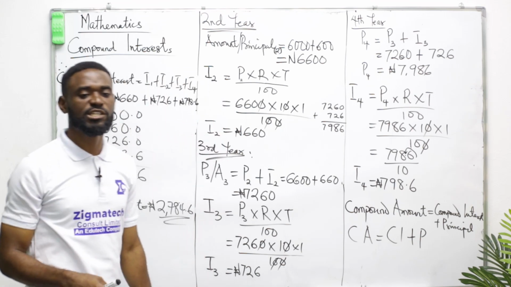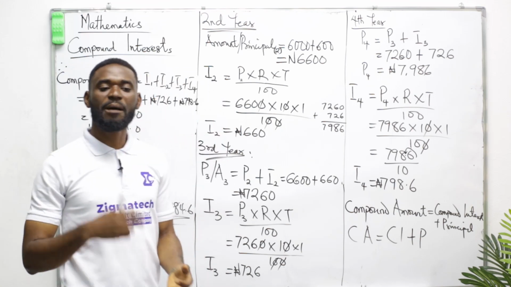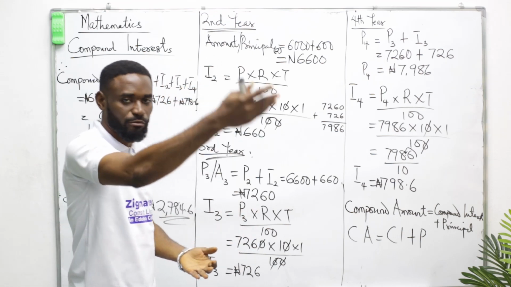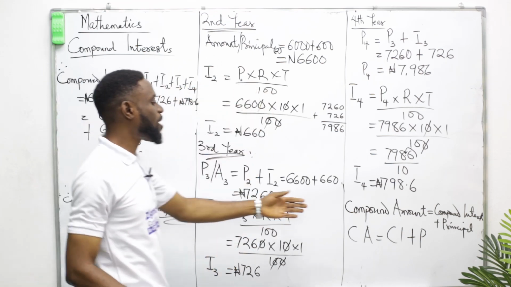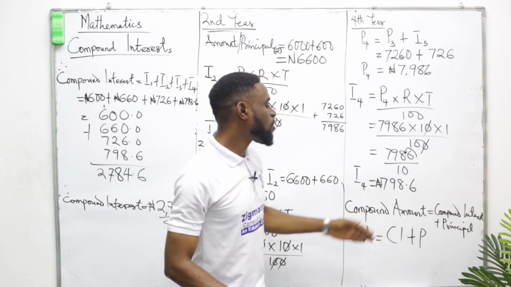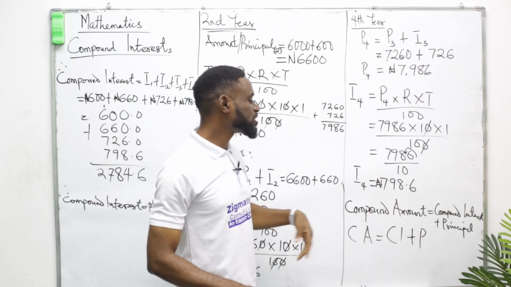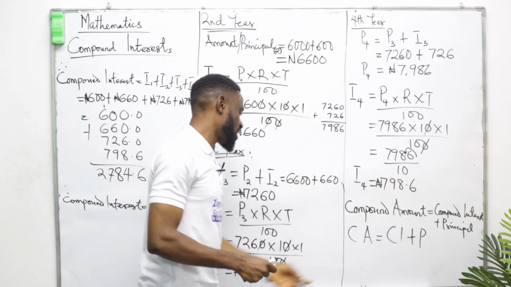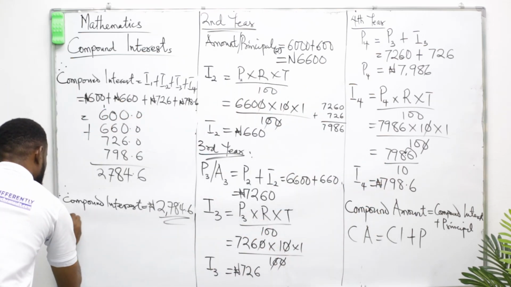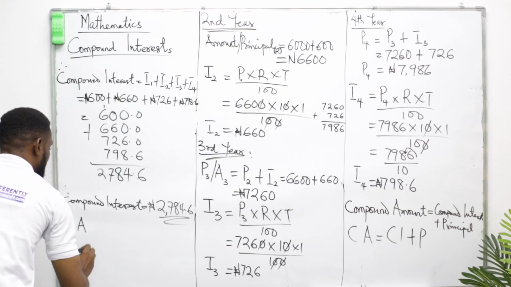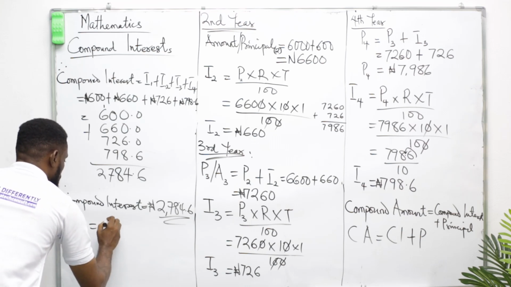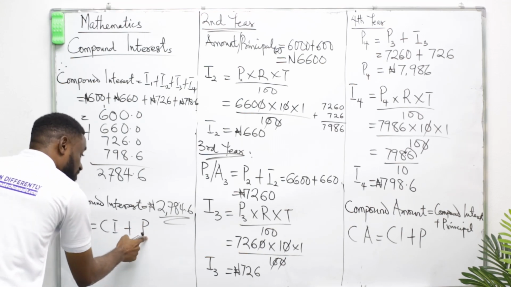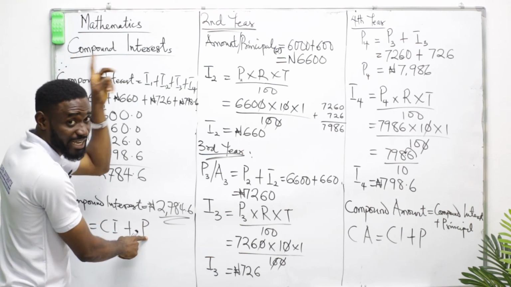Now, the other question is, what is the compounded amount? Remember, we said that the compounded amount is equal to compound interest plus principal. This principal is our first year principal, don't forget that.